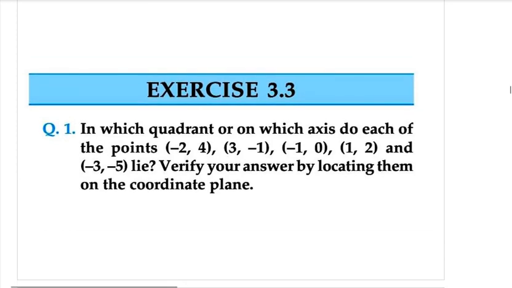In which quadrant or on which axis do each of the following points lie? Very interesting. (-2, 4). What is the sign convention of (-2, 4)? (-2, 4) has a sign convention of minus, plus.